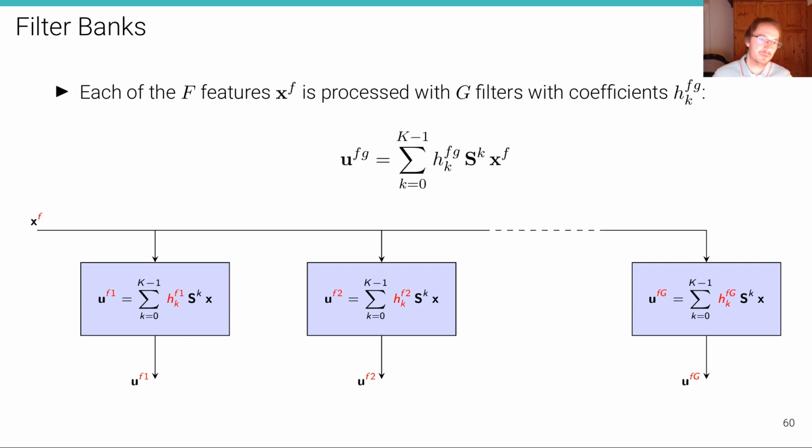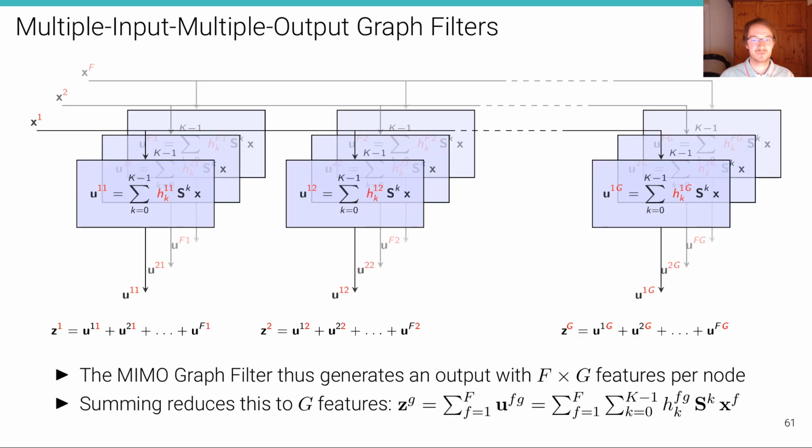Now, if we assume there are F input features per node, and we have a filter bank with G filters, then we process each input F with each filter G to yield outputs that are F times G. What this means is that this MIMO graph filter therefore generates an output with F times G features per node.